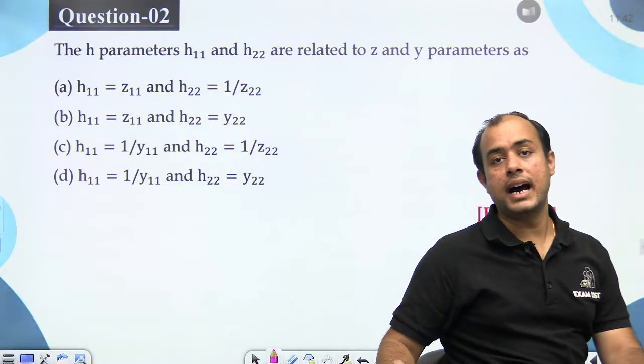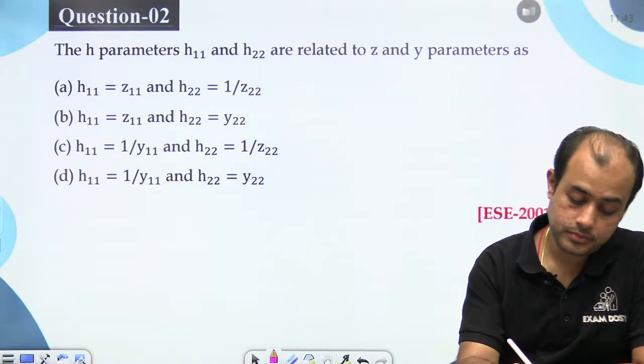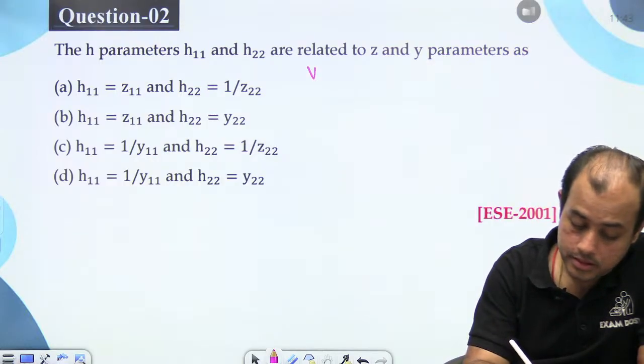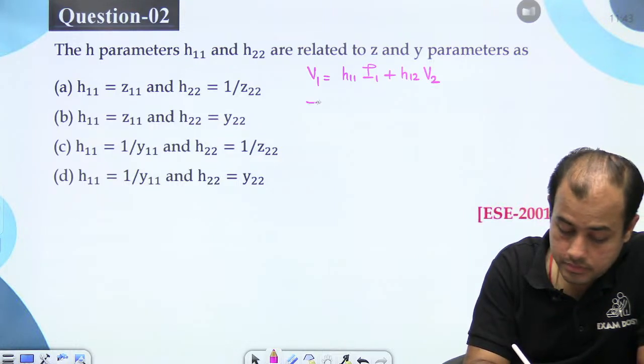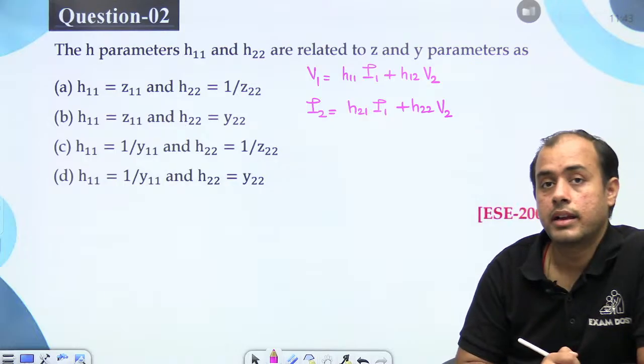How are the H parameters related to the Z and the Y? This is again ESE 2001. V1 is H11 I1.